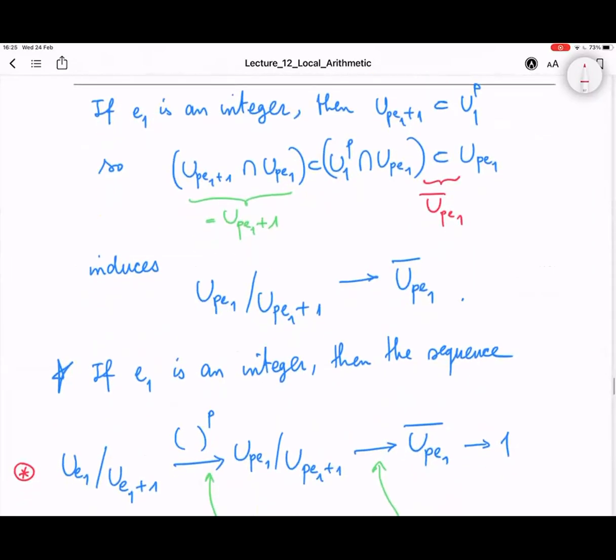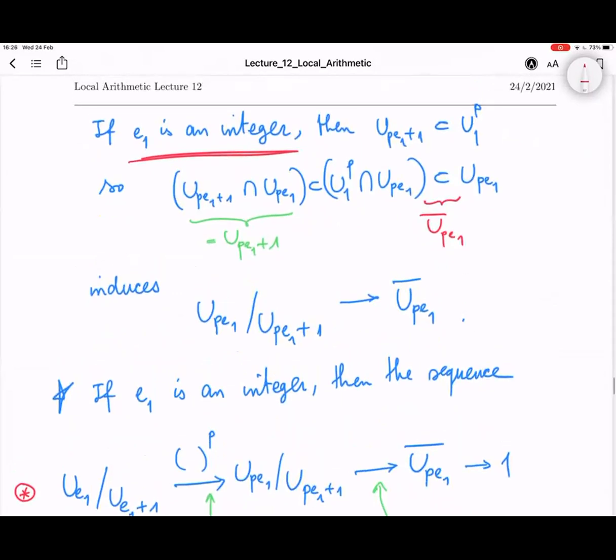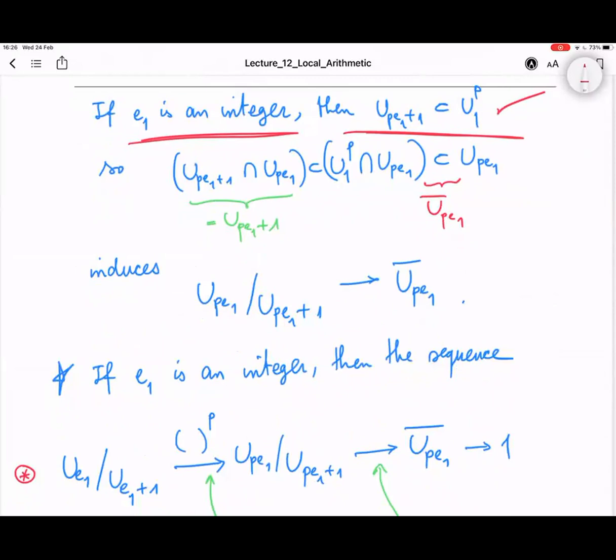Okay, now the next thing is that if e_1 is an integer, then U_{pe_1+1} is contained in U_1 to the power p. This is what we have proved just now. So when I intersect this with U_{pe_1}, then I'll get these inclusions, right?